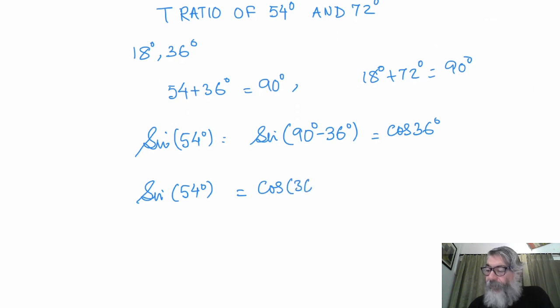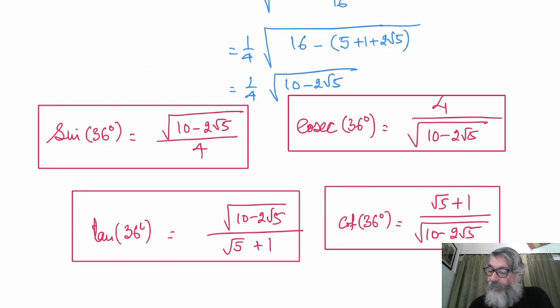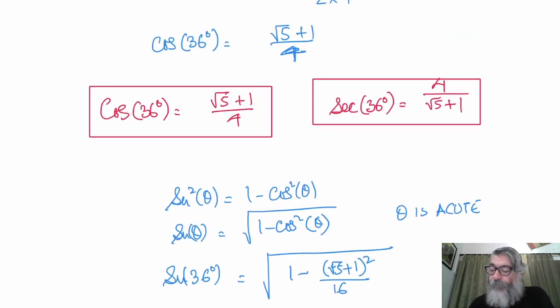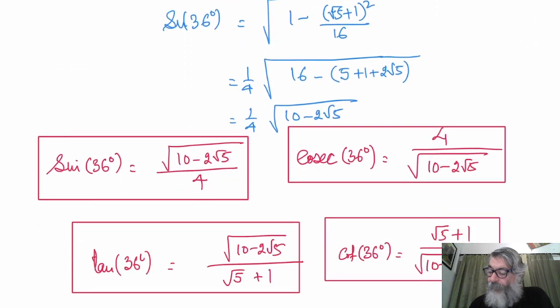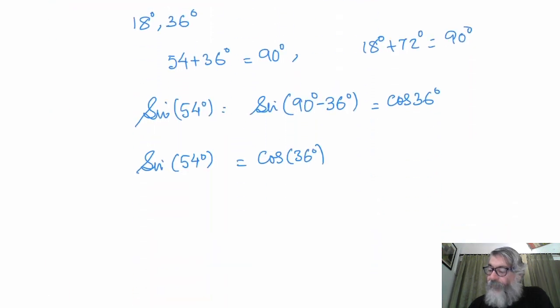So what is the value of cos 36? Cos 36 we had written here: root 5 plus 1 upon 4. That is the value of sine 54.